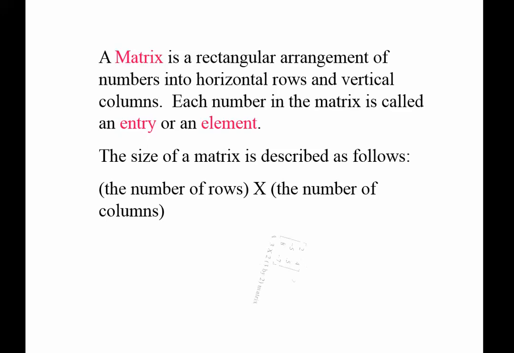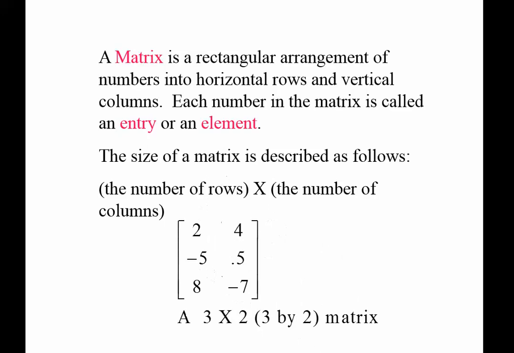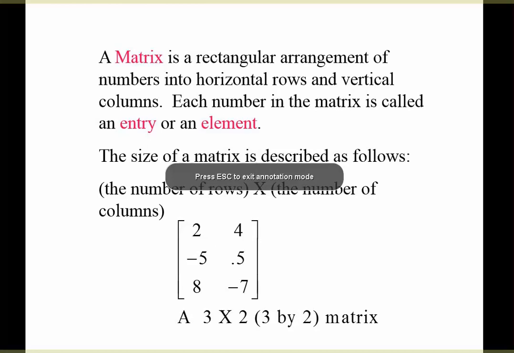Let's take a look at an example of what we're talking about. So this is a mathematical matrix. Notice that you have how many entries inside of it. Well, if you count up those digits in there, it looks like we have 6 entries, or what we would call 6 elements. And this is a 3 by 2 matrix. Not a 2 by 3, but a 3 by 2.